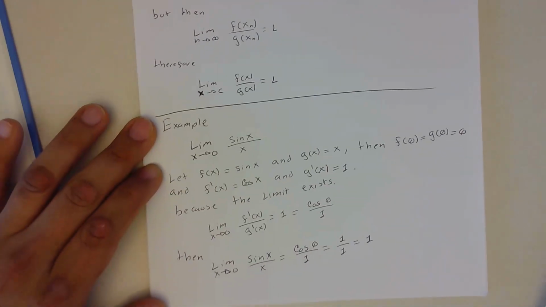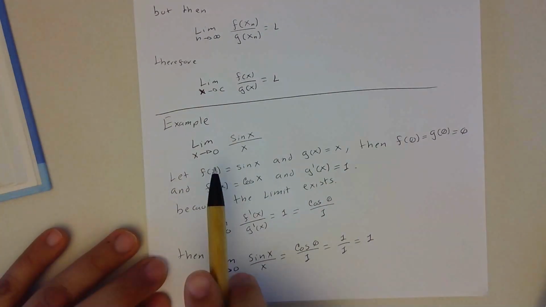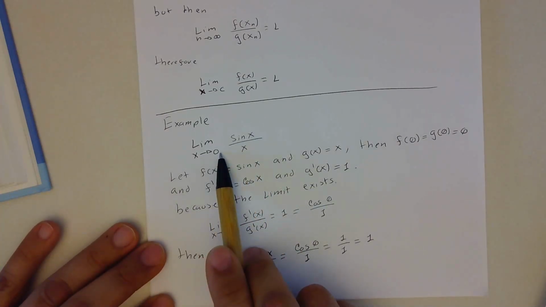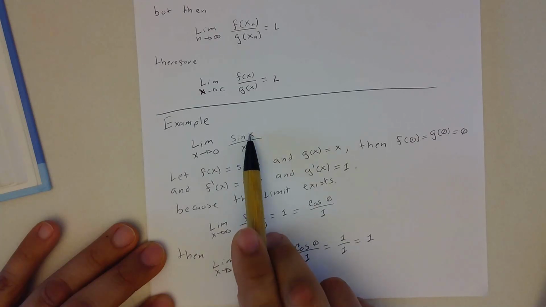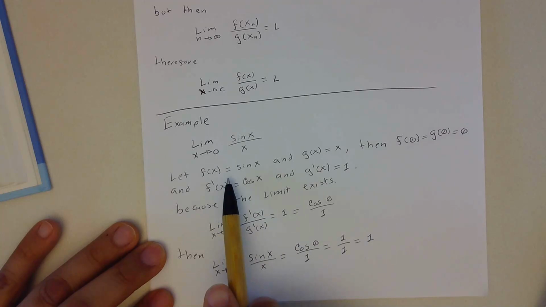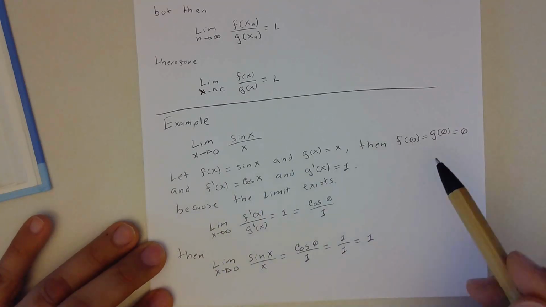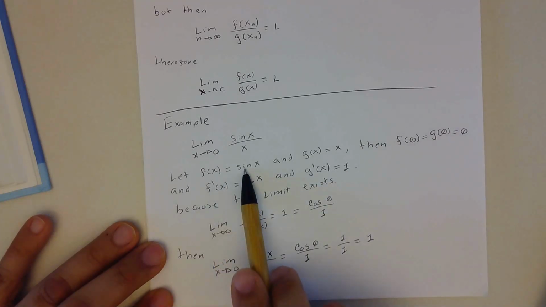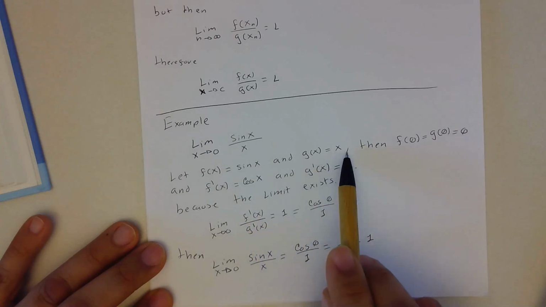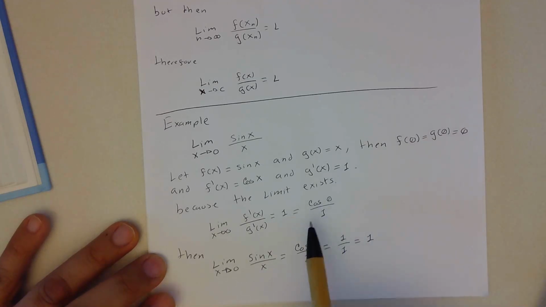This is an example of how we use it. Remember these limits that we have. If we evaluate x at 0, we will have 0 in the numerator, 0 in the denominator. So what we need to do is evaluate the derivative: the derivative of sin of x will be cosine of x, and the derivative of g of x will be 1, right?